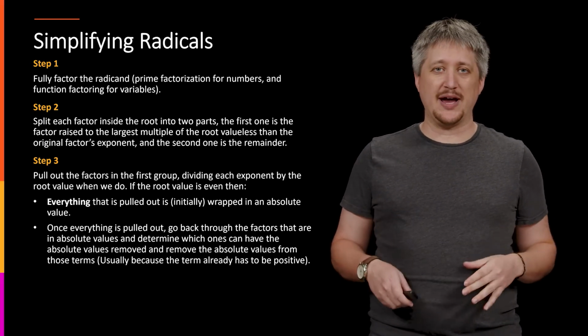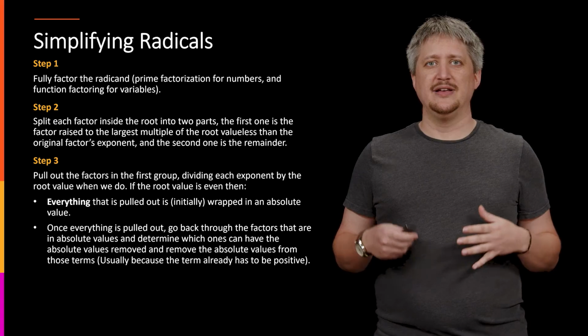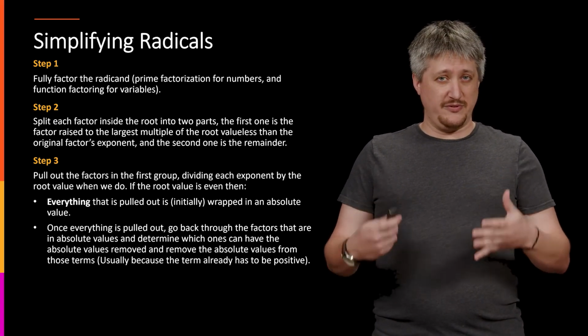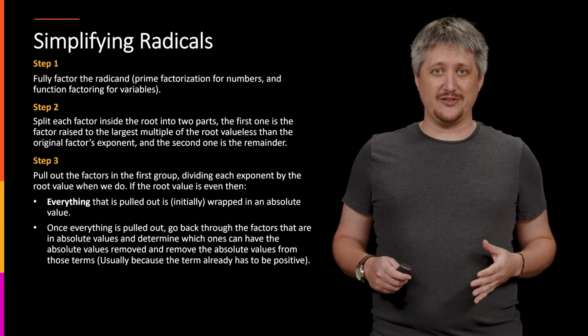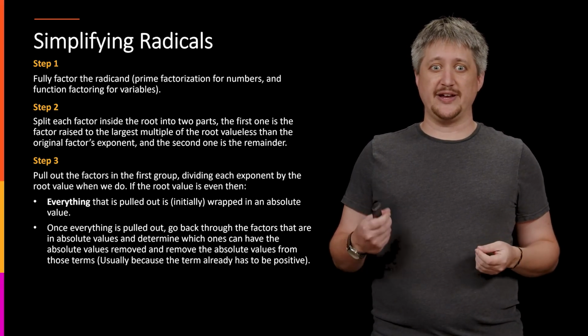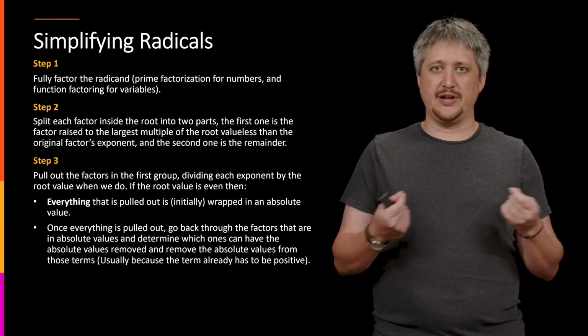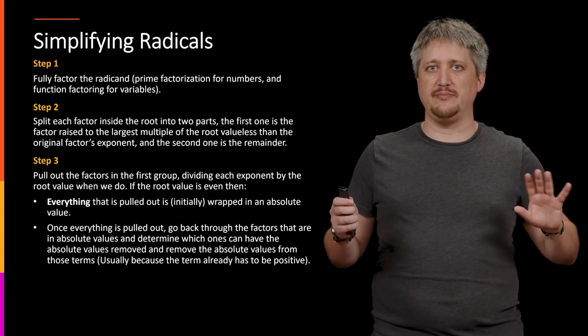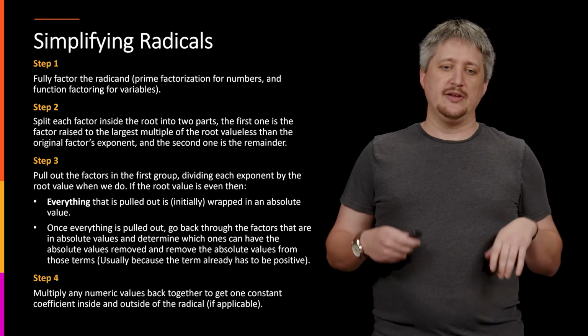If it's to an even power or there are domain restrictions or something, then we can remove the absolute values after that. Again, to be very clear, we don't have to do any of this when it's odd, because odds preserve the negative. So I just pull it out, divide by that root value for each of the powers, and I'm done. It's great.